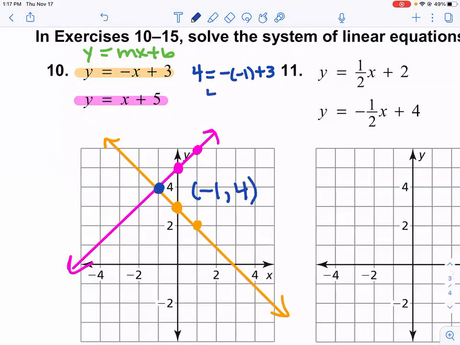Yeah, because that's really 1 plus 3, right? Let's try it in this one. y equals x plus 5. Does -1 plus 5 equal 4? Yeah. So there's our solution, -1, 4.